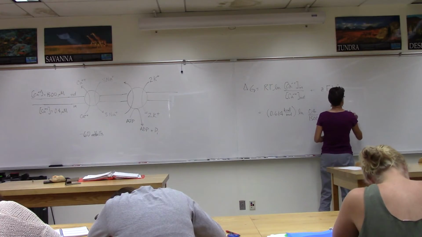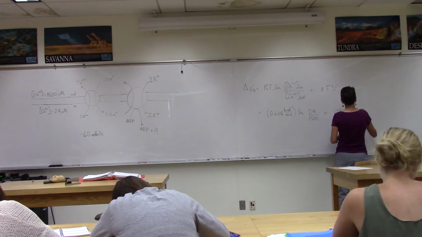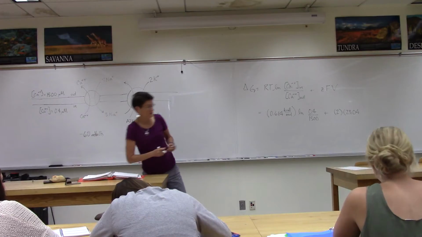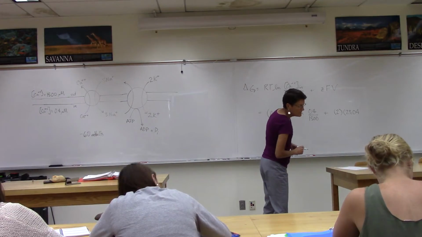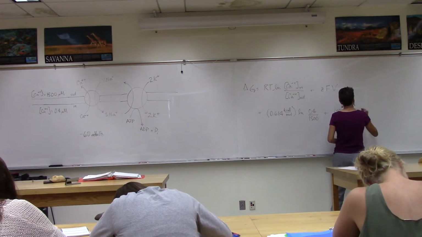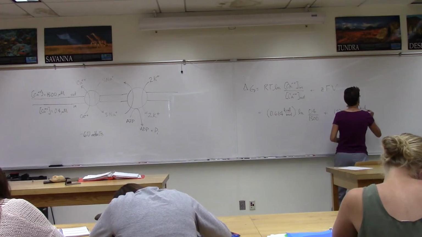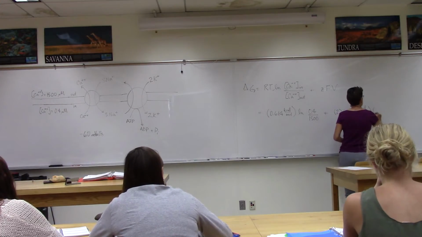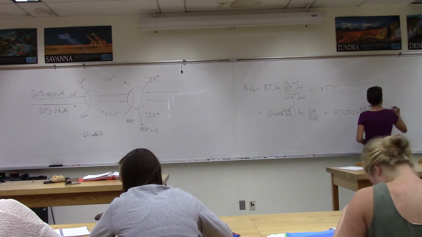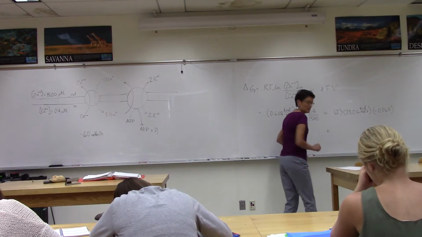Okay, and F, Faraday, is going to be, 6, I think. Oh, here's the number. Yeah, 23.06 kilocalories per mole per volt, times 0.06 volts. This number.